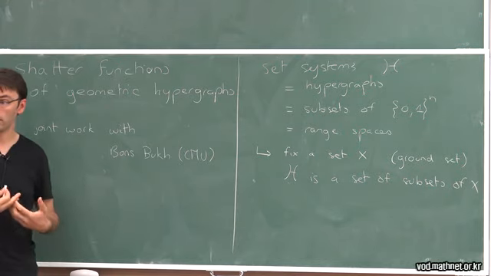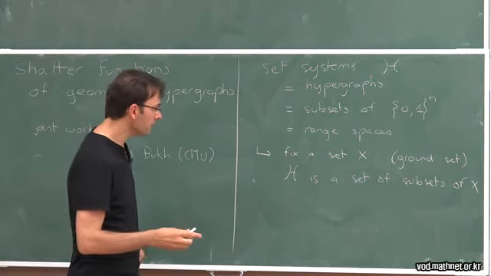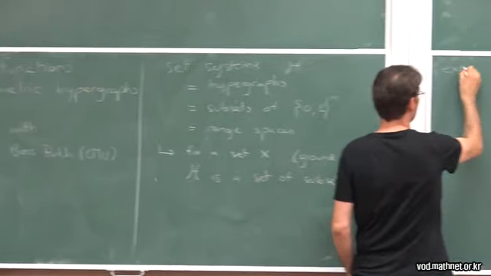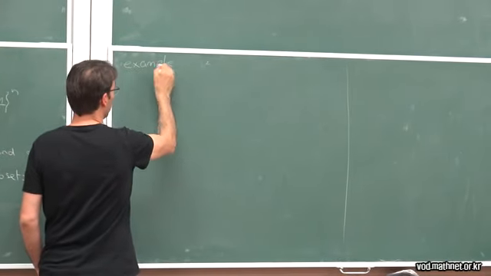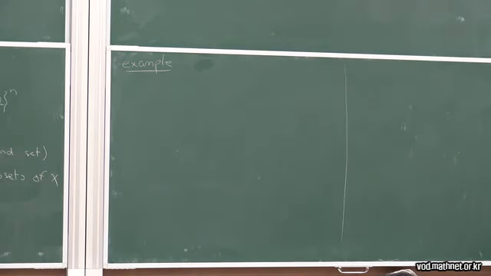So this is a very simple object. It turns out there are interesting things that can be said about it. So one example, if you're interested in graphs, one example that we may discuss a bit later is, given any graph, you could consider the set system where you take the vertices and the edges.